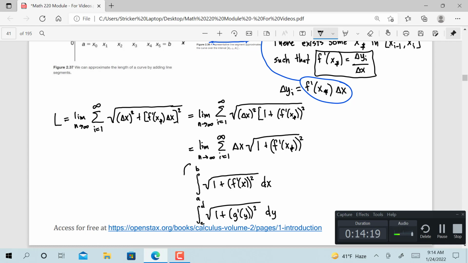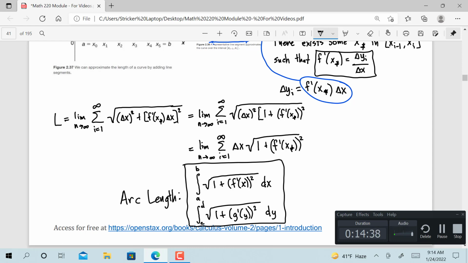So you can do it that way. There's two different ways that we could do these problems, depending on if your function is given as a function of x or a function of y. And so this is what we're going to use for arc length.